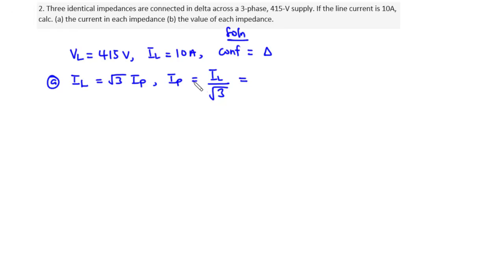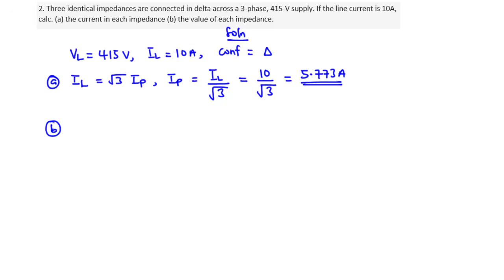We have IL given in the question to be 10 amperes divided by root 3, and that is equal to 5.773 amperes. So this is the value of the current in each impedance.